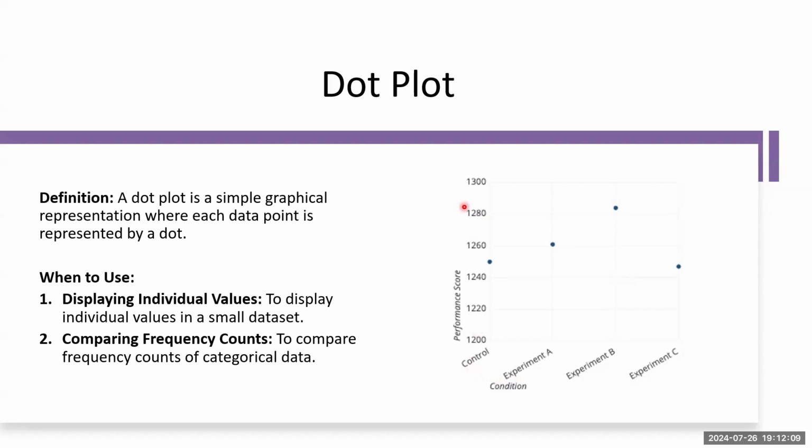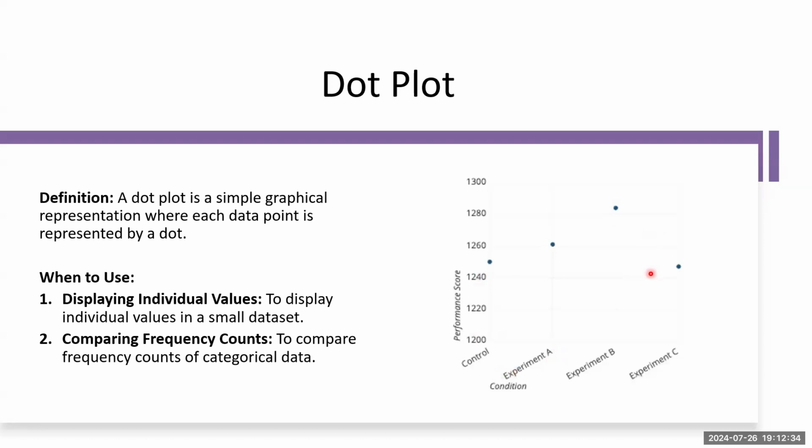Here we are checking performance score of several experiments. Experiment A, B, C, and the control experiment, and their performance score. So we can use a dot plot to achieve this by just plotting the experiment against the performance.